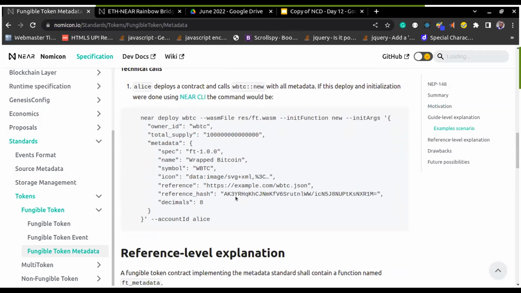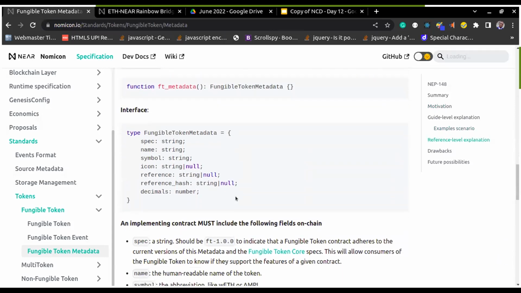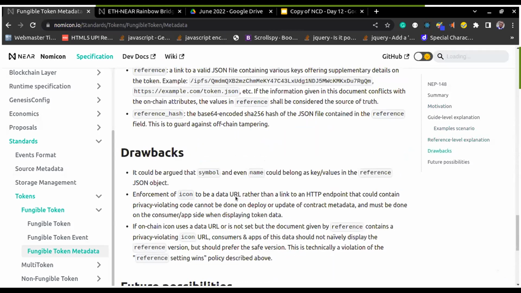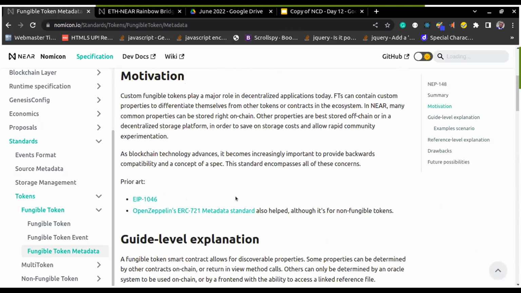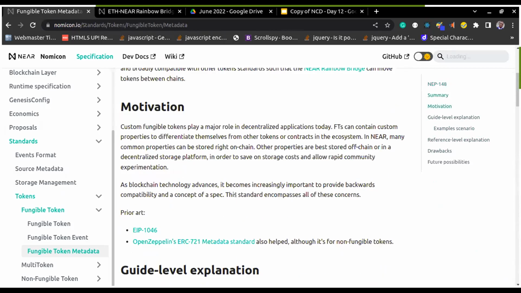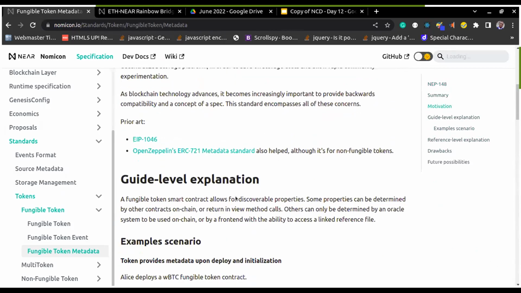So there are standards that your fungible token smart contract is expected to implement. In this case, the metadata standards.